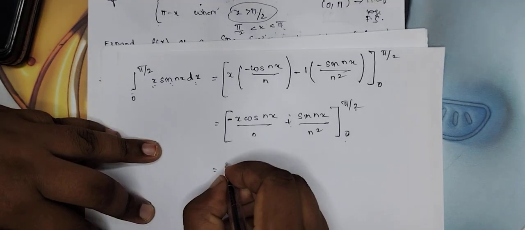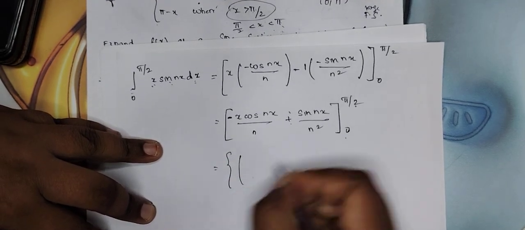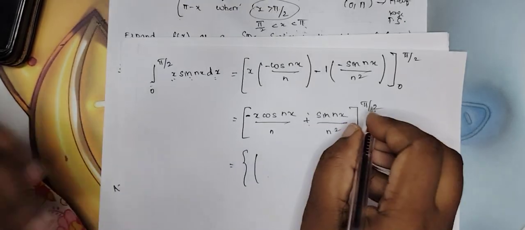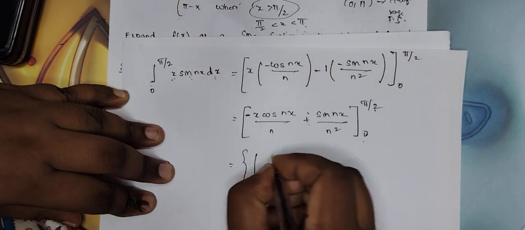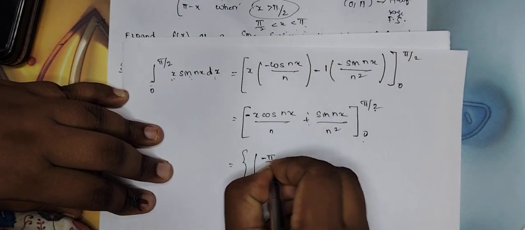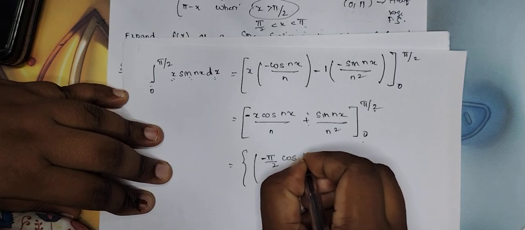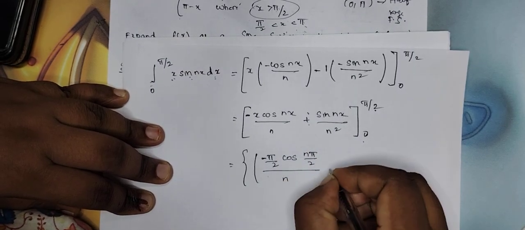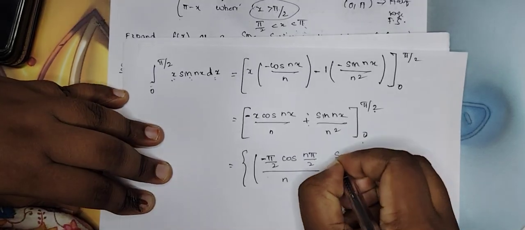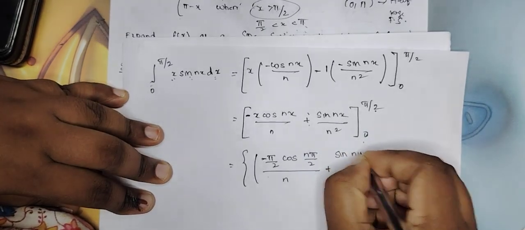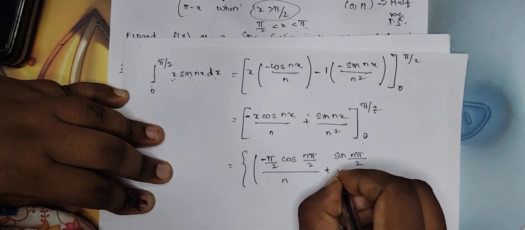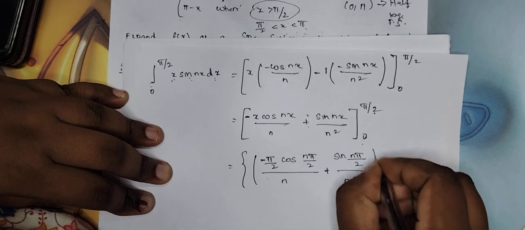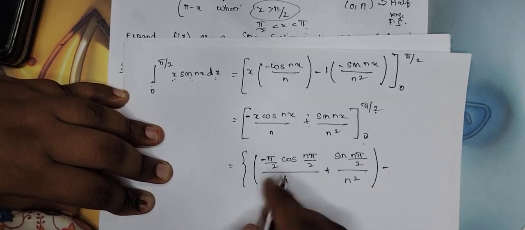If I substitute the upper limit in place of x, I substitute pi by 2. It is minus pi by 2 cos n pi by 2 divided by n plus sin n pi by 2 divided by n square. So this is my upper limit.